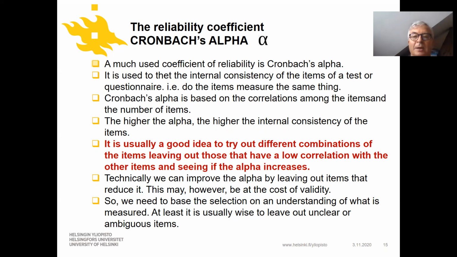And the third thing we can do is take a closer look at those items that are not so strongly correlated with the other items, and think about, are they important from the perspective of validity, or should we change the wording, for instance, make them clearer and more understandable to the people who we are testing, and that might also increase the reliability.